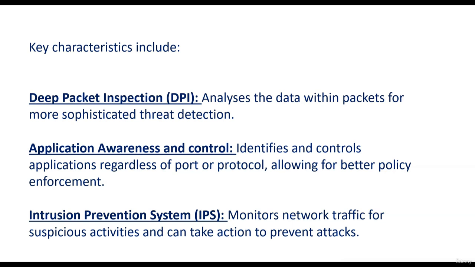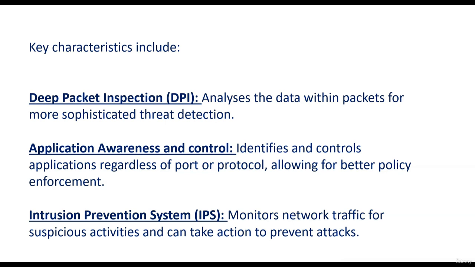However, the next generation firewall works up to layer 7, so it can perform the following features. The first one is deep packet inspection. In short, we refer to it as DPI. It analyzes the data within a packet for more sophisticated threat detection.